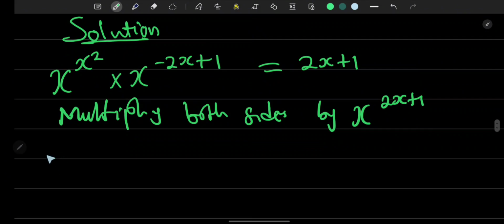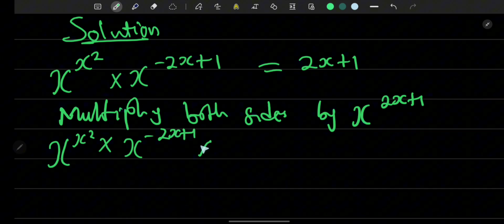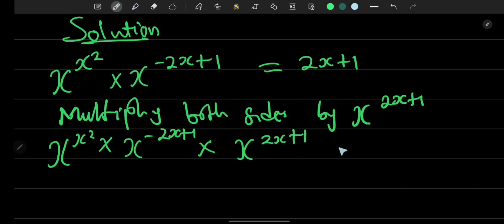If we do that, we're gonna have x squared times x to the power of minus 2x plus 1 multiplied by x to the power of 2x plus 1, then equals x to the power of 2x plus 1 times 2x plus 1.